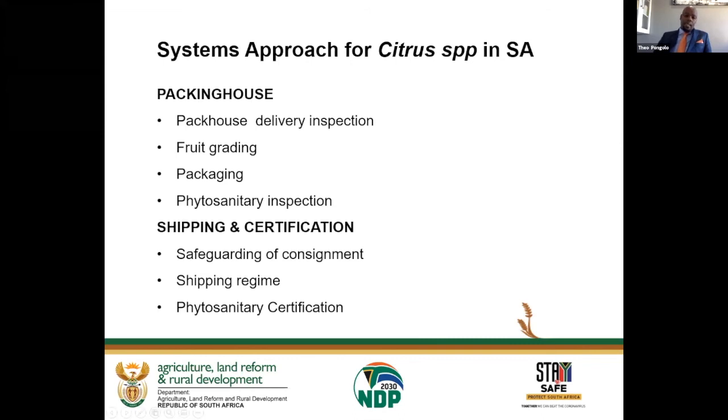In the packing house, there is a critical control point, which is the delivery inspection. So when the fruit comes from the orchard and arrives at the pack house, it must be inspected. At that spot, that's where we check if there's any infestation. But this spot also assists the grower.